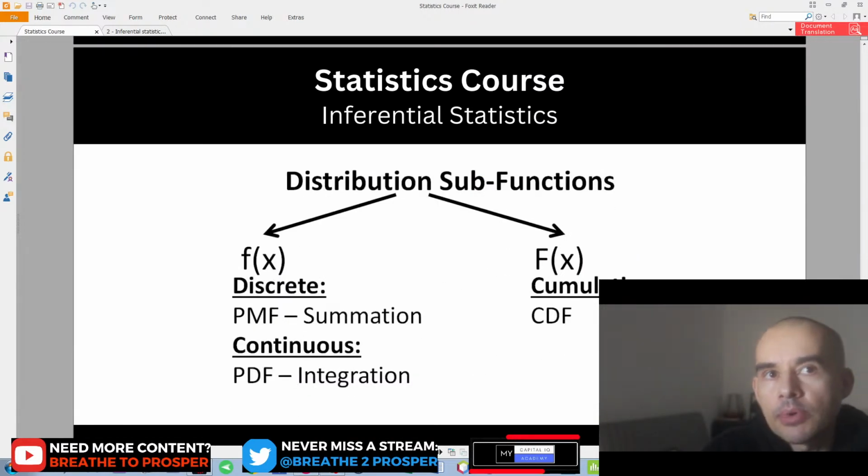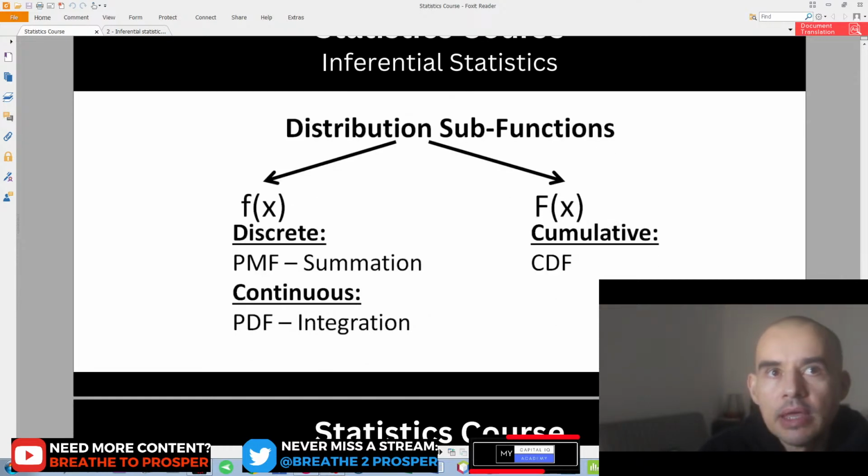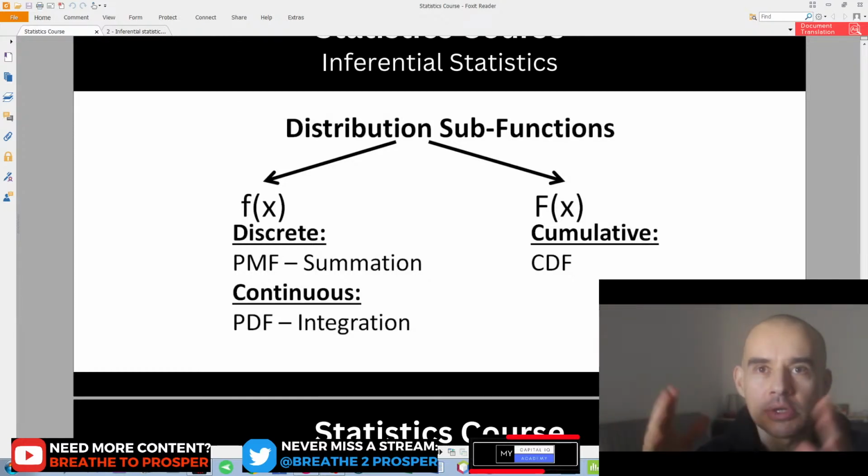Another key topic important to know in distributions is that distributions also have what's called subfunctions. If it's a discrete distribution, it's called a probability mass function, or PMF, and you sum all the probabilities. If it's continuous, it's a probability density function. You need to integrate it because it's not about counting individually, it's about measuring, so it's within intervals.